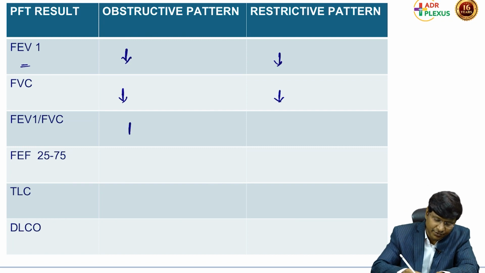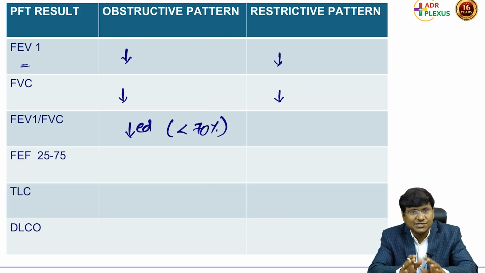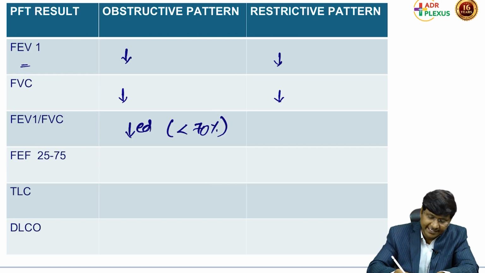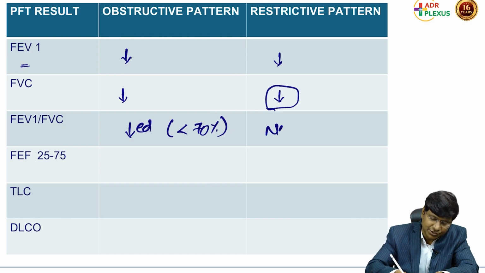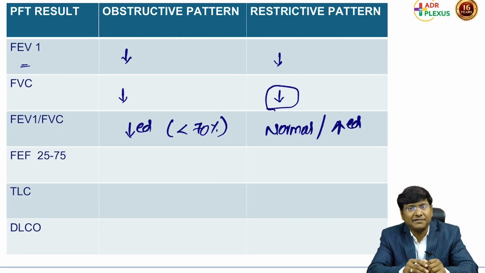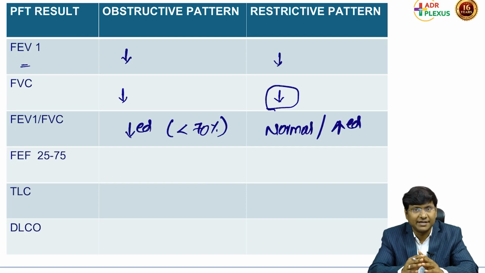That is the reason why your FEV1 by FVC will be decreased and it will be less than 70%. Whereas in the restrictive pattern, FEV1 and FVC are both decreased, but the FVC is decreased much more than the FEV1, and that is the reason why the ratio might be normal in early stages or the FEV1 by FVC will be increased in restrictive lung diseases.